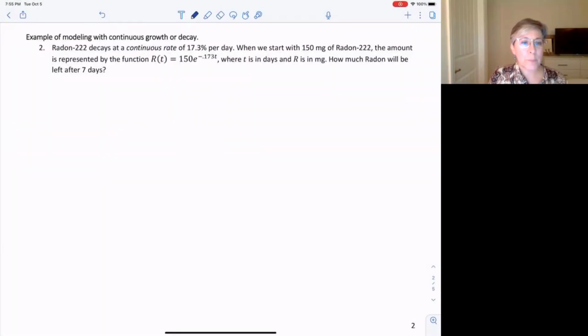So in the second example, it says radon 222 decays at a continuous rate of 17.3% per day. The fact that it says continuous rate gives us a hint that we're going to use e.